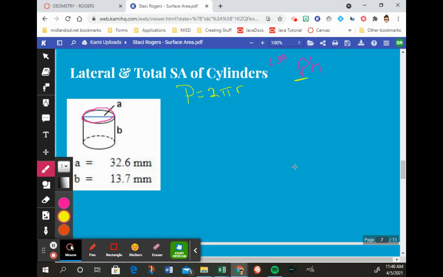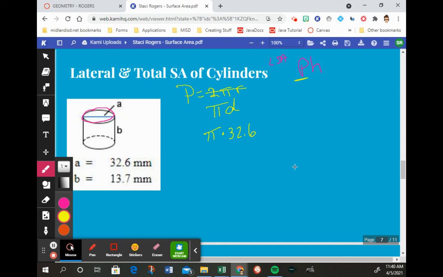So 2 pi r is 2, oh, wait a minute, times pi. But what is my radius? I've got a diameter. So why don't we just change it from 2 pi r to pi d, because I have a diameter. So pi times the diameter of 32.6.